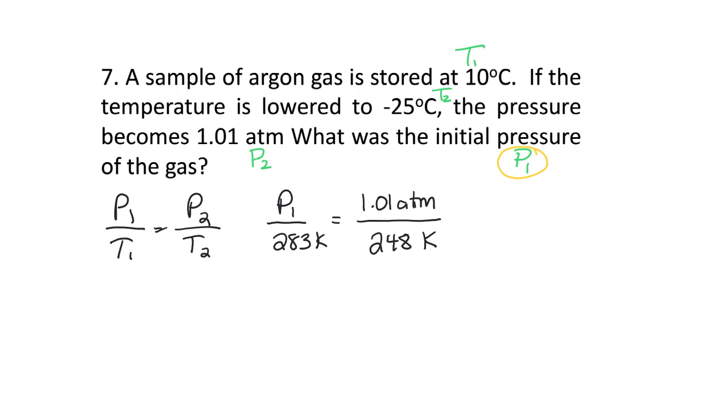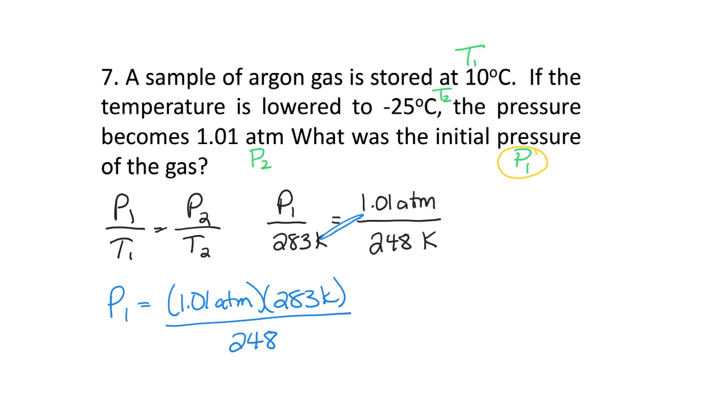Okay? So this time we're going to be cross multiplying these. So P1 equals 1.01 atm times 283 Kelvin divided by 248 Kelvin. Kelvins cancel. So 283 times 1.01 divided by 248 is 1.15 atm.